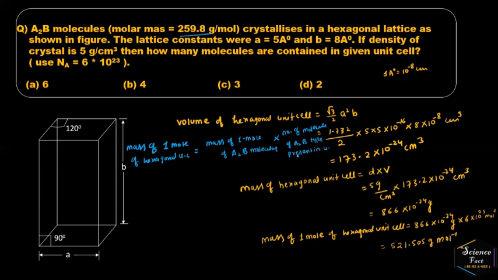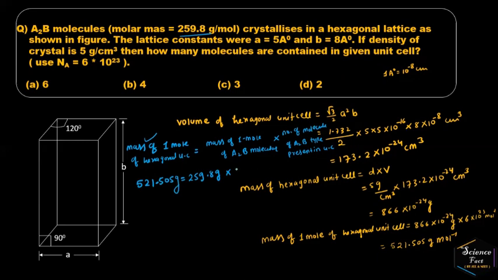We have this value, that is the mass of 1 mole of hexagonal unit cell, 521.505, equal to the mass of 1 mole of A2B molecule, that is also given as 259.8 gram, into the number of molecules of A2B type present in the hexagonal unit cell, which we have to find out.